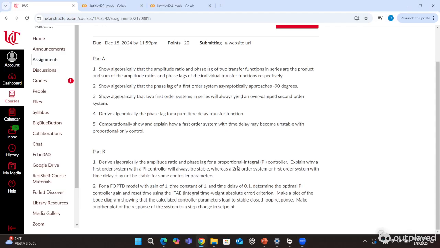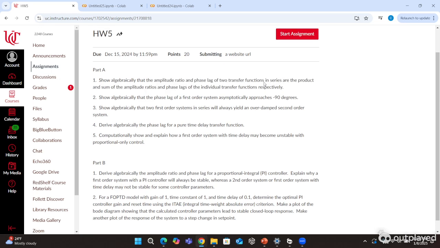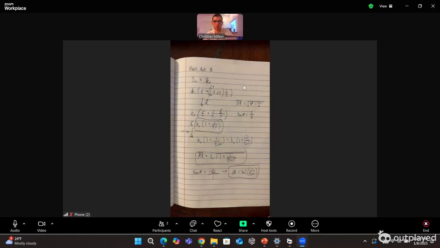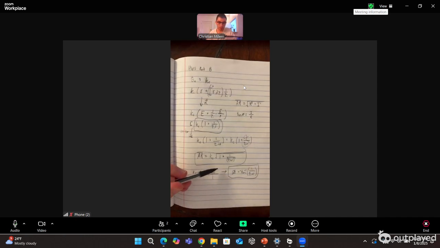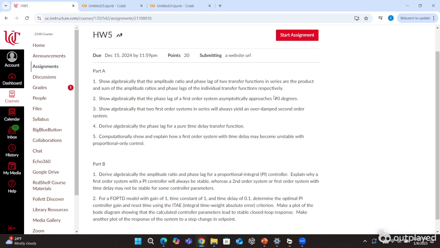Like we showed earlier in part 1 of part A, when you have these in series, the phase lag of this is simply going to be added to the phase lag of whatever's going on in our first order transfer function. And we know that the phase lag of our first order transfer function is never greater than 90.